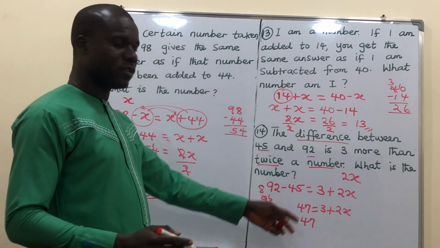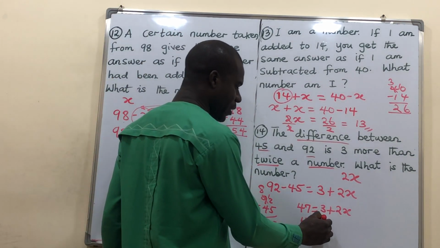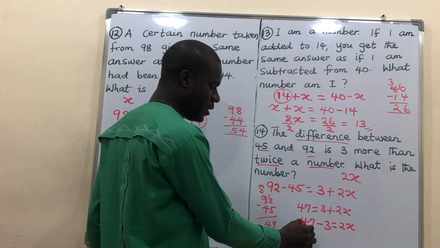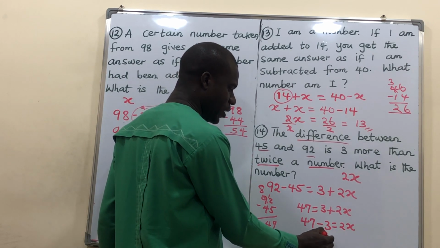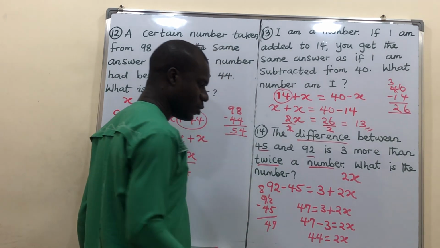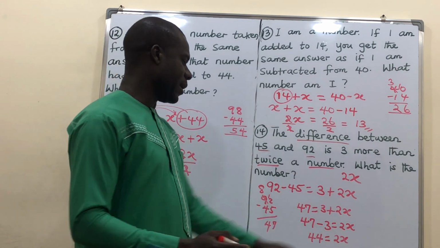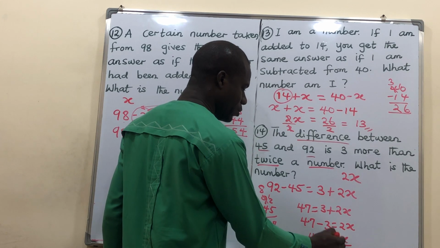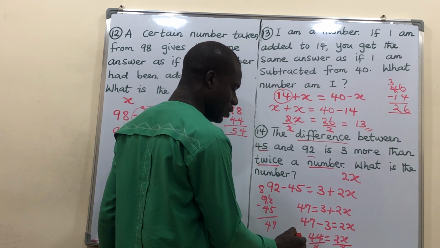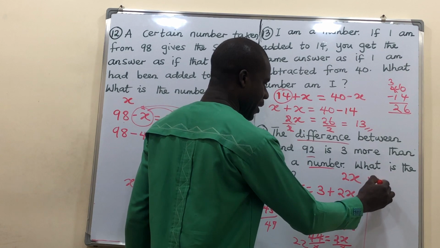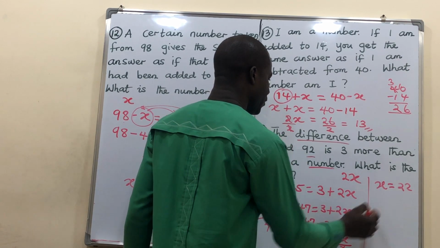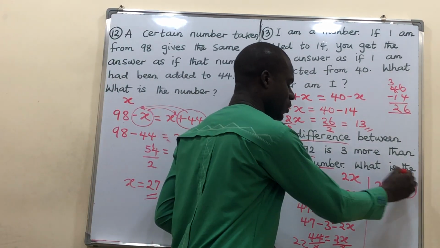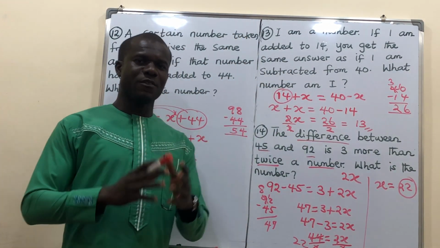As it crosses the equals sign to the left, it changes to minus 3. So 47 minus 3 will give me 44 equals 2x. To get the number represented by x, I'm going to divide both sides by 2. 2 cancels 2. 44 divided by 2 is 22. So x equals 22. Therefore the number is 22.